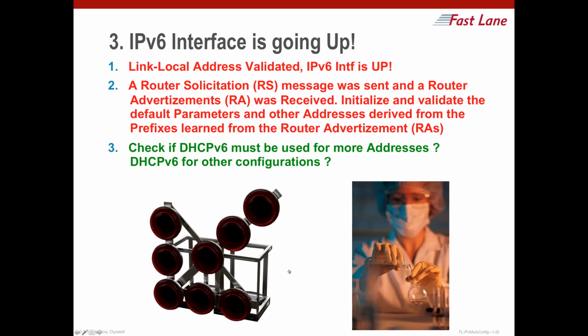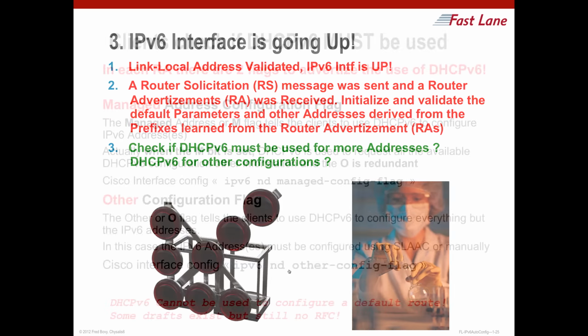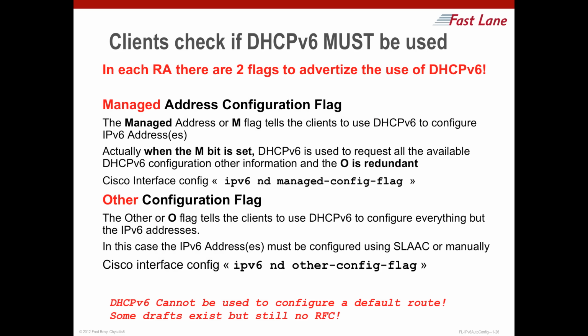Again, verify if DHCPv6 must be used or not. And this can be done again using the managed and the other configuration flags. So when the managed flag is set, we use DHCPv6 to configure address and everything.